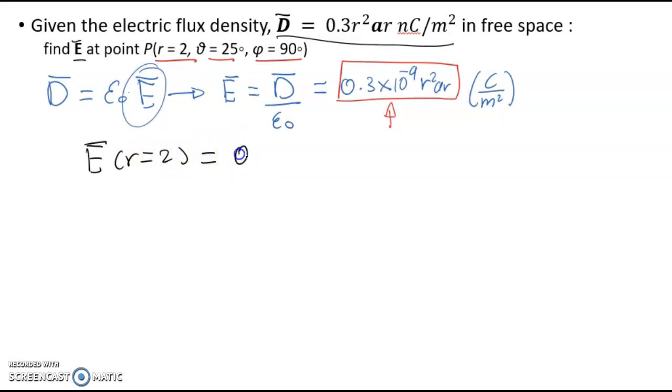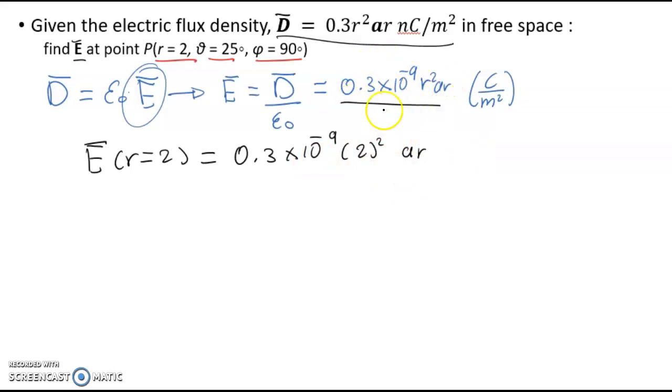it's going to be 0.3 times 10^-9 times 2² in the a_r direction, and that's going to be over epsilon 0.